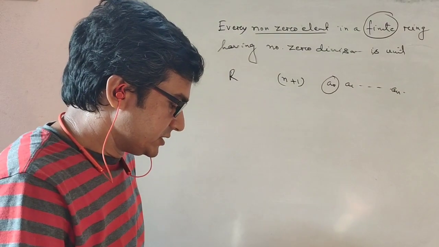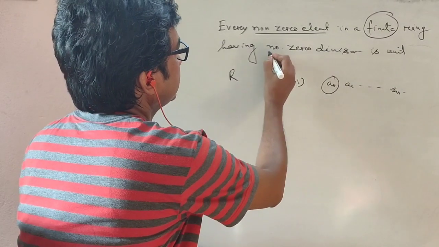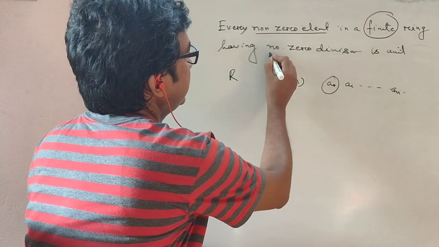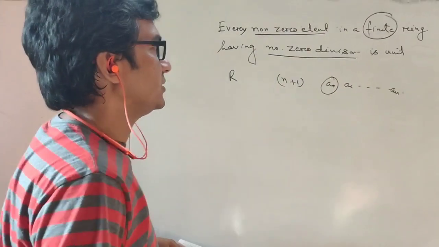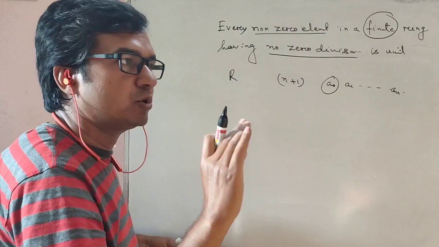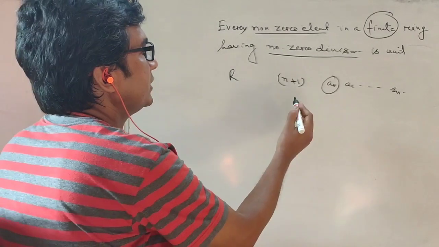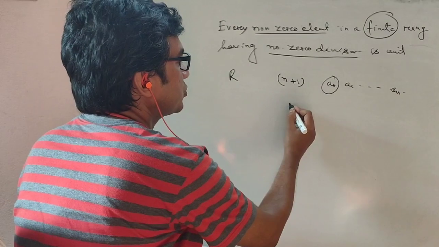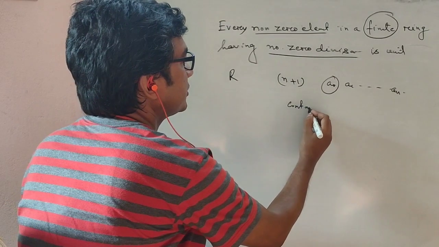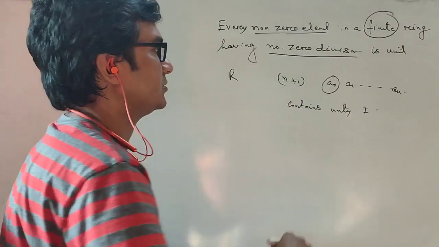Since this ring is finite and has no zero divisor, then we can prove, or we already proved in the previous theorem, that this ring must contain unity I.